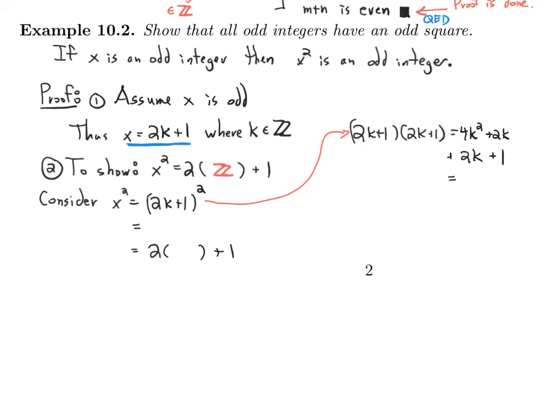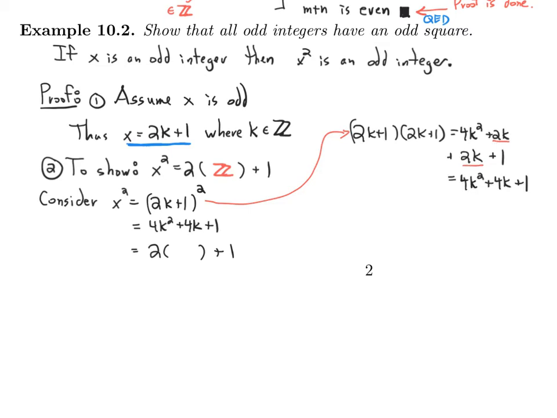And we can simplify that, combine our like terms, 2k and 2k. We have 4k squared plus 4k, that's the 2k plus 2k, plus 1. So 2k plus 1, all squared, is 4k squared plus 4k plus 1.